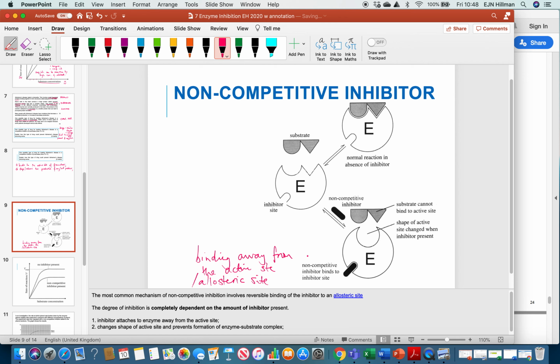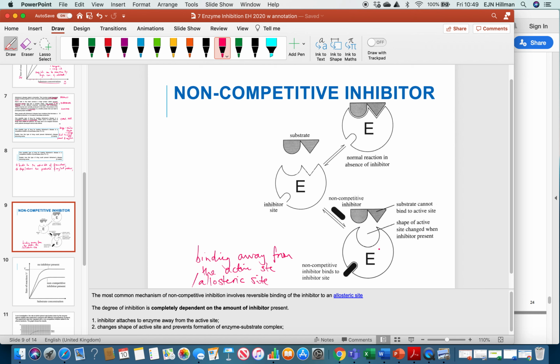Okay, the degree of inhibition is dependent on how much of this non-competitive inhibitor is present. And let's see the effect. When a non-competitive inhibitor binds to the site away from the active site, it causes a change in the shape of the active site.